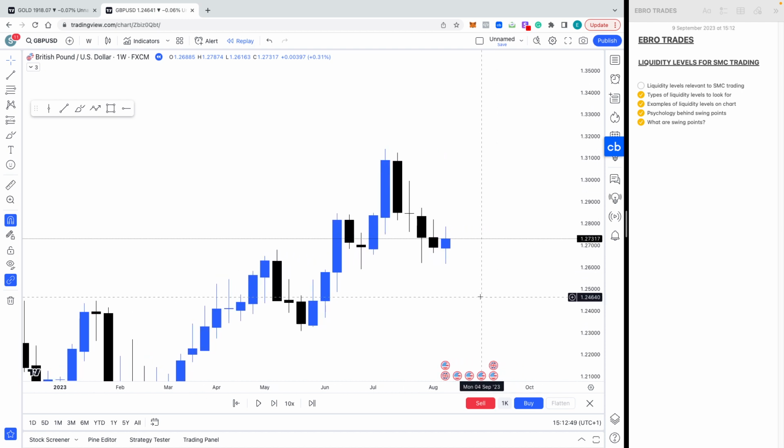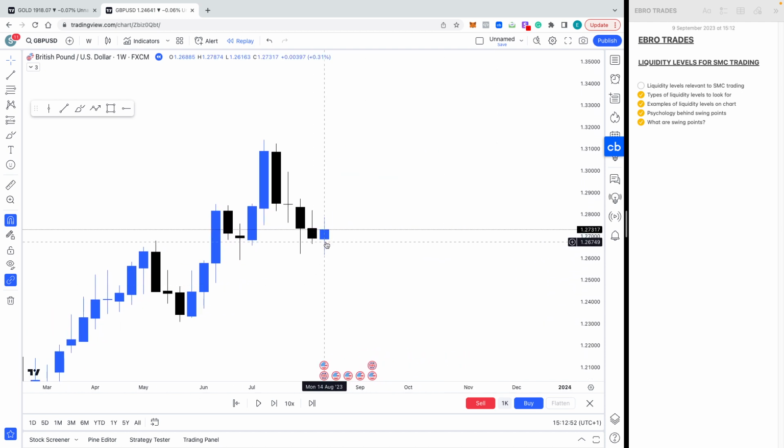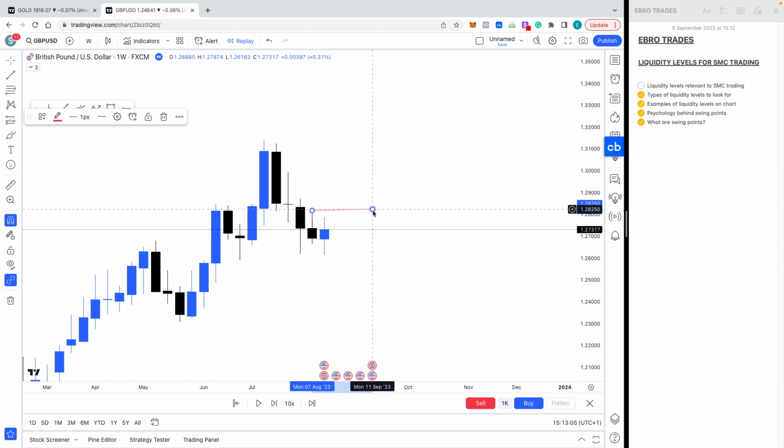The first liquidity level that is of interest to me would be the weekly highs and lows. So I'd be looking at this price level over here as a level to be respected. You know, your weekly high. And then this price level over here to be respected as a weekly low.